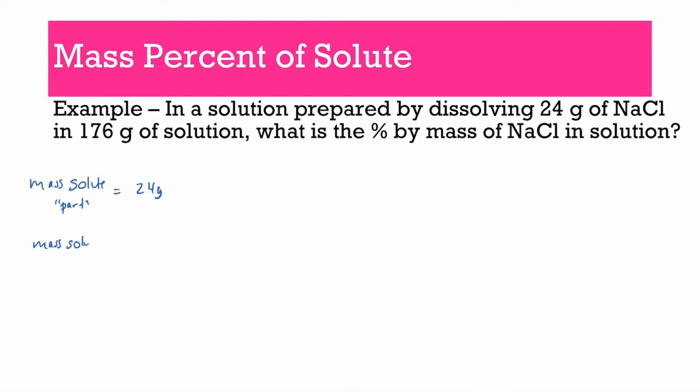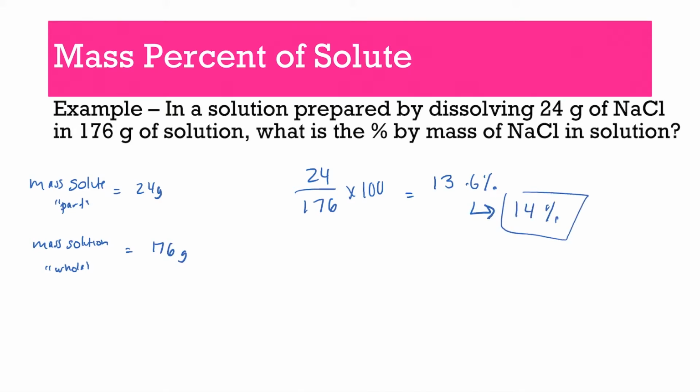The mass of the solution, or the whole, is 176 grams. Our formula is part over whole times 100. When you do that, you get 13.6%. If we're using sig figs, that is 14%.